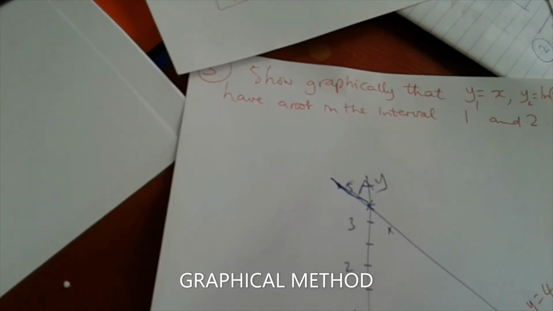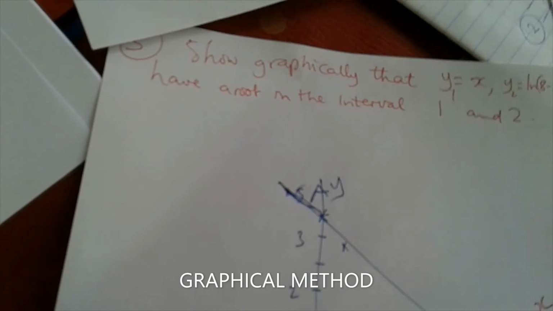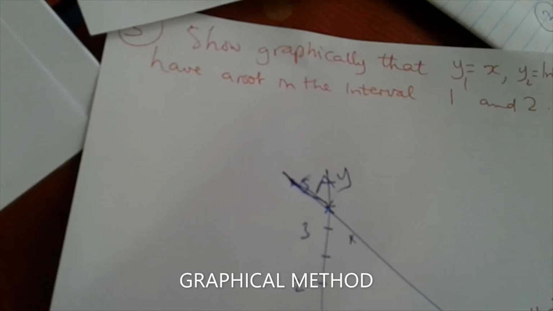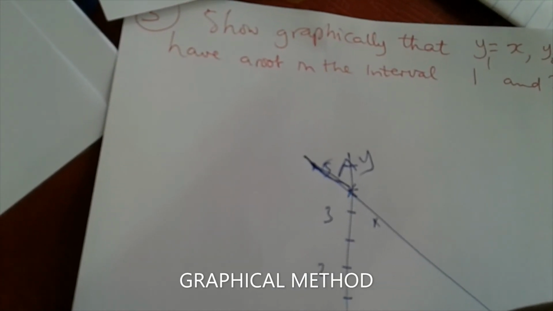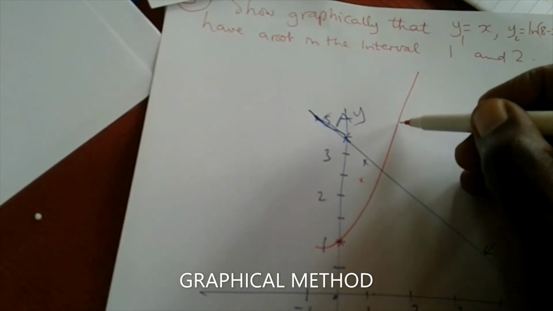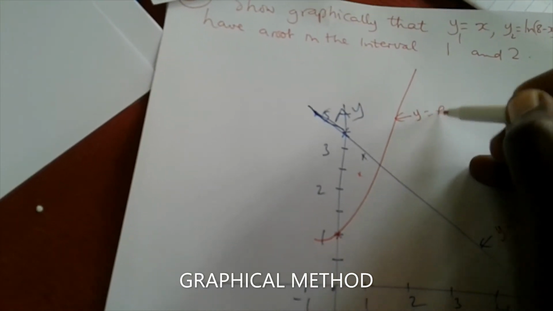And y equal to e power x at 0, it is 1, here. Then at 1, 2.7, it will be a curve of that nature. And therefore, this will be y equal to e power x.